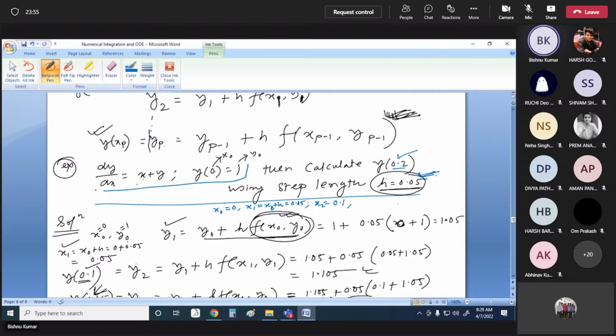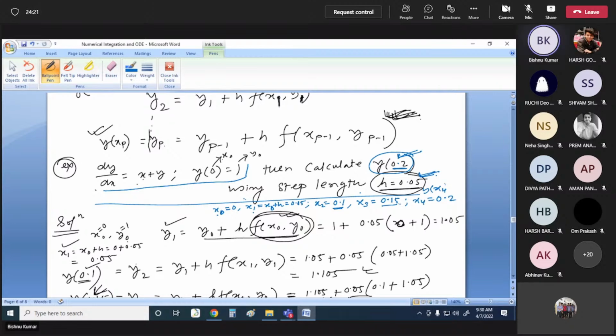Are you getting my point? So the value of y at x4, which is 0.2, is my question, and that value of y at x4, that is y4, I have to calculate.